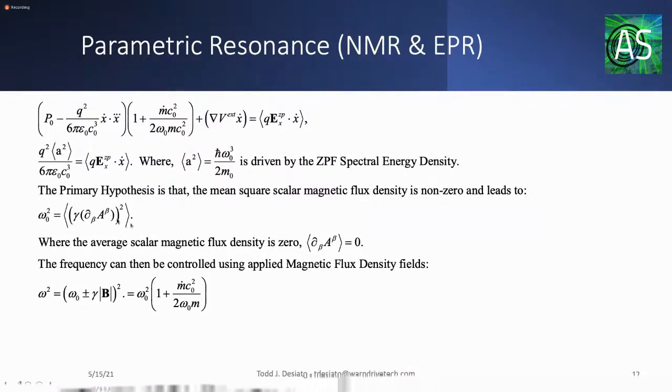And it has the same units of measure. And these are in every way equivalent. And so this is how you can mimic gravity using things that affect the spin of the particles, like nuclear magnetic resonance and electron paramagnetic resonance. So that's what we'll talk about next.